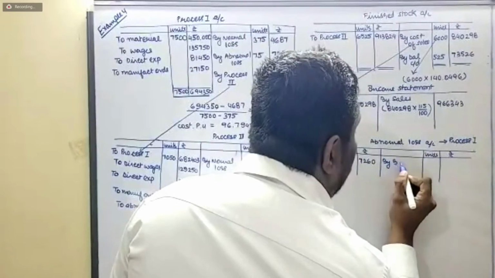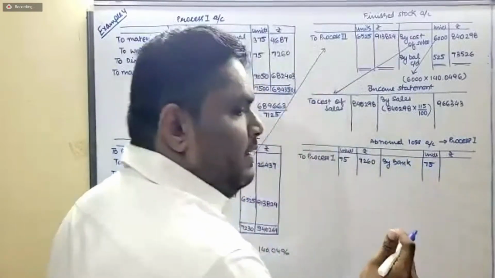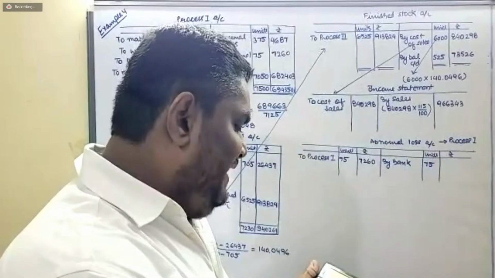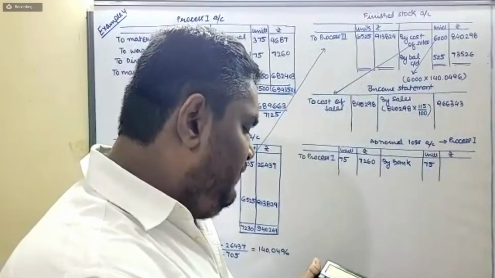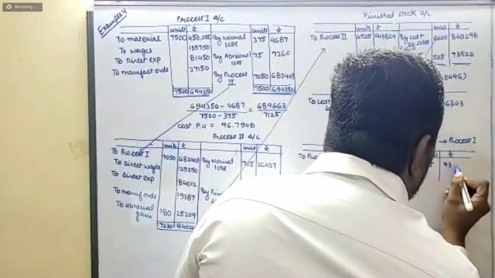Just like normal loss, we will assume that these units are also sold in the market. So by bank, on sale of 75 units, we will realize 12 rupees 50 paisa. So 75 into 12 rupees 50 paisa, the value will be 937.